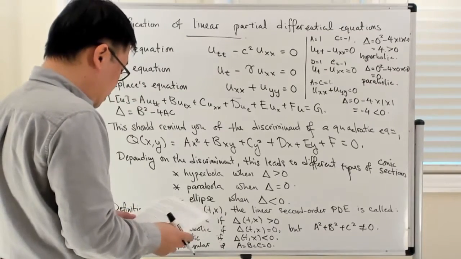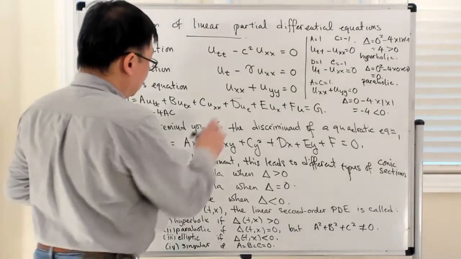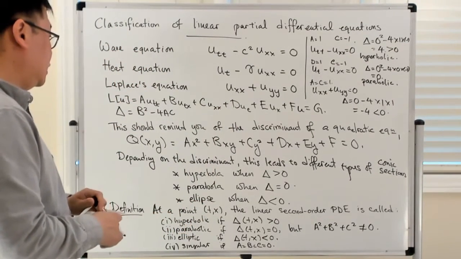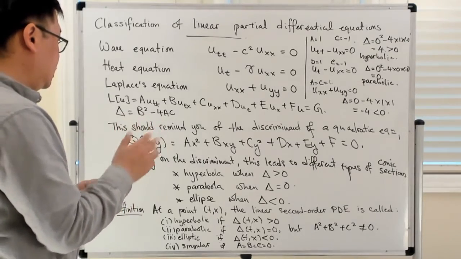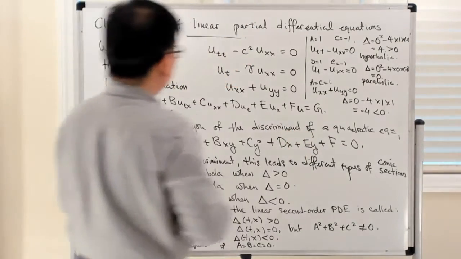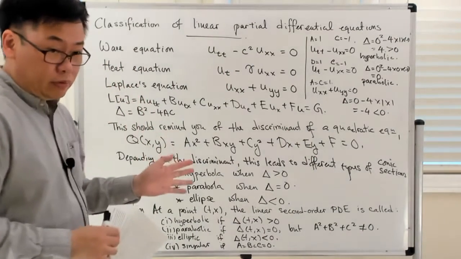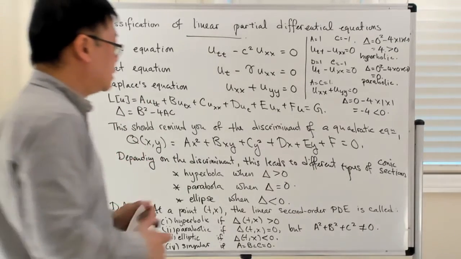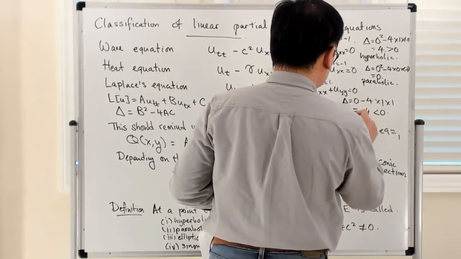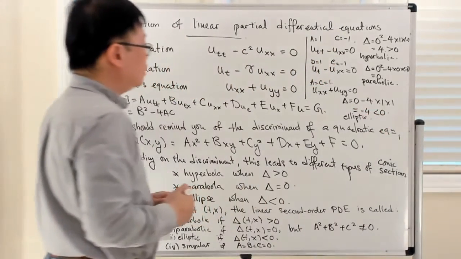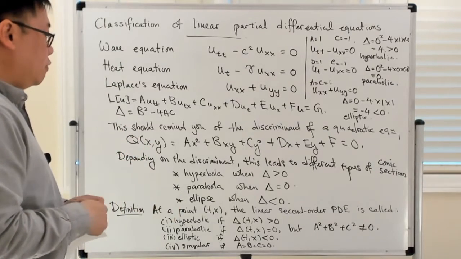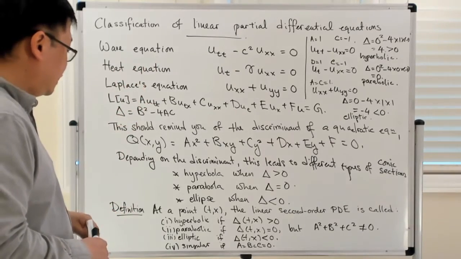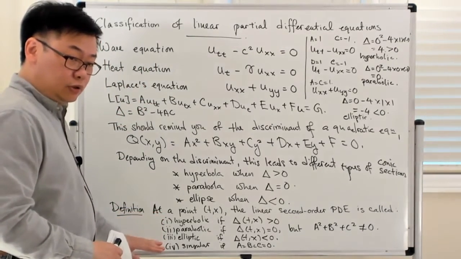All right, so again, this is just a quick way of classifying second order linear partial differential equations. The reason to be aware of this classification is that when you look at numerical methods for partial differential equations, they tend to be classified according to the type of partial differential equation they are applicable to.